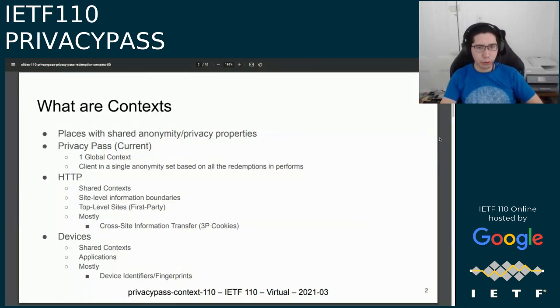In the HTTP world, we sort of have this in site boundaries, and top level sites, which are first parties with each other, have their own context, and information shared across different top level sites to some extent exists as a privacy boundary. There are mostly boundaries here, but there are issues such as cross-site information transfer, third-party cookies that introduce complexities, though there's work to try reducing those sorts of information transfers to make these harder boundaries.